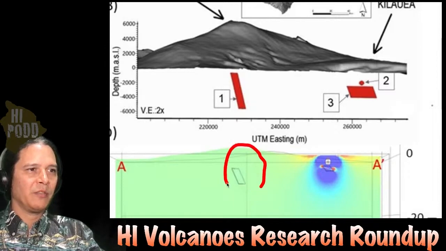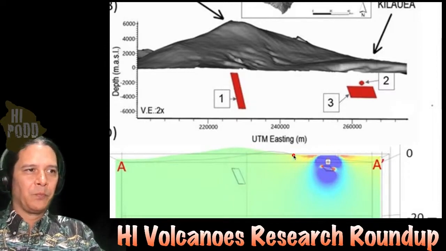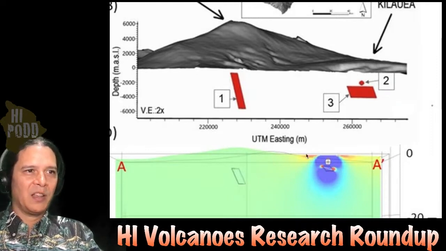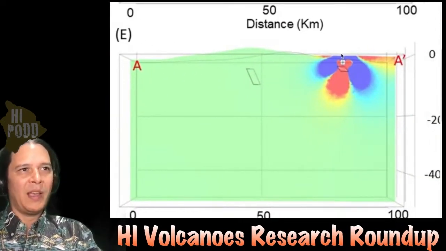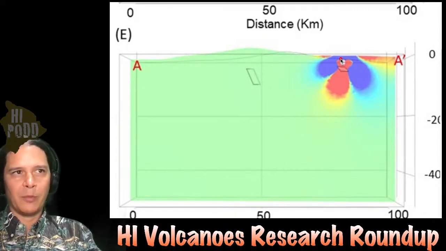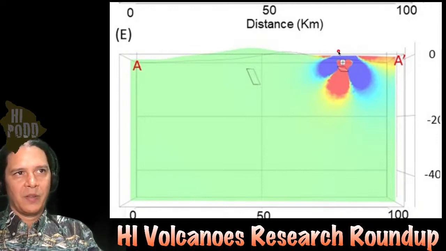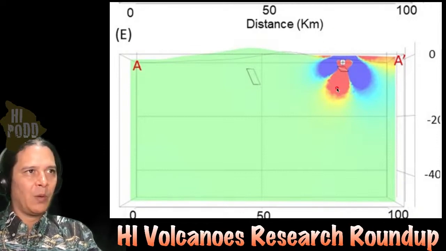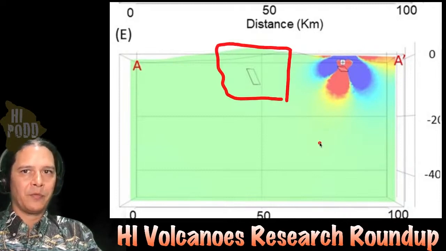Mauna Loa is all the way over here. So you see that's a very localized effect of Kilauea, and it's not strong enough to get all the way across there. If Kilauea's shallow chamber is inflating, then it's putting pressure in a larger area around Kilauea, but it's also still not reaching over to Mauna Loa over here.